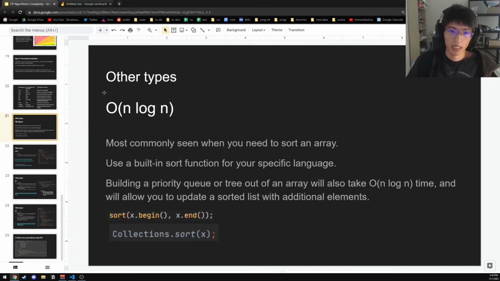Another type of time complexity you'll see really often is n log n time, and this is found when you sort. It's most commonly seen when you need to sort an array or a list of items. So in Java, you might use Collections.sort.